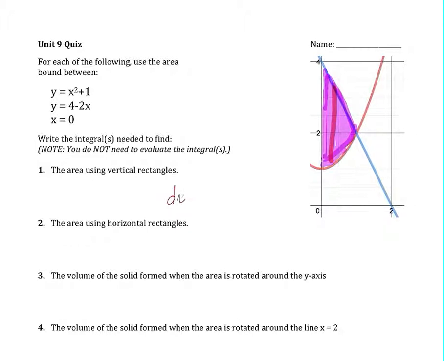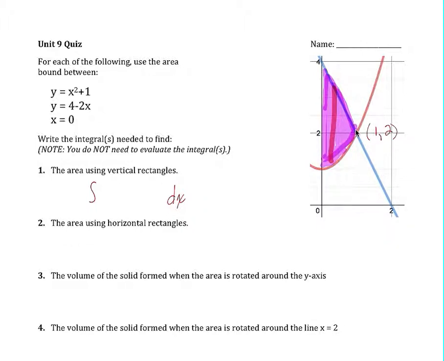We can start with the width of each of these rectangles, which is dx. We're going to then be integrating from, we're moving along from 0 out to this point. This point here is at (1, 2).